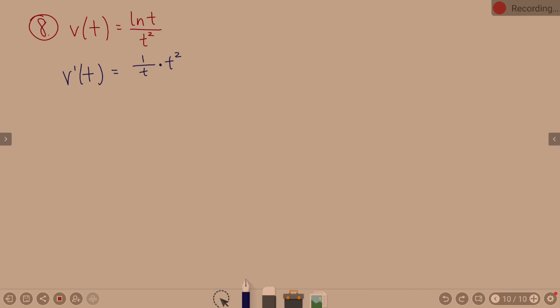Derivative of the top times the bottom. Minus, quotient rule is minus, and now it is derivative of the bottom, so derivative of t squared is 2t times the top, so times natural log of t, all over denominator squared. So t squared squared. Or in other words, that'll be t to the 4th in the next step.